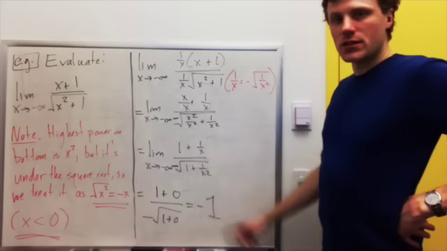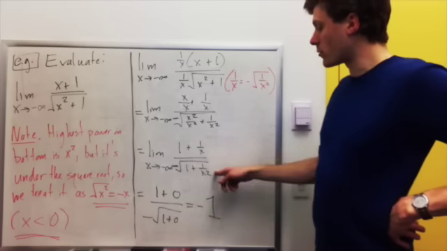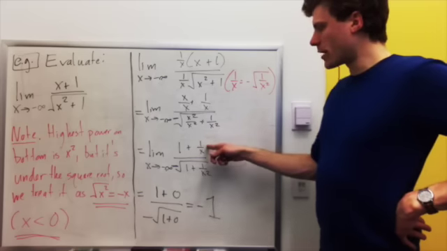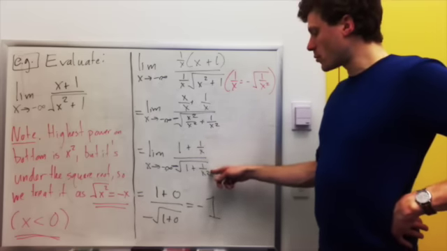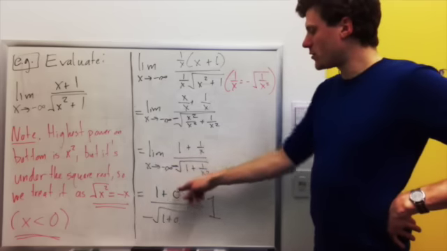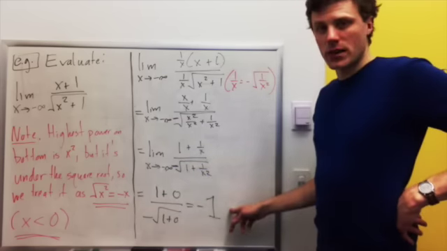I simplify to get 1 plus 1 over x, all over negative square root of 1 plus 1 over x squared, and then I can evaluate the limits. 1 over x goes to 0, 1 over x squared goes to 0, everything else is a constant, so I get 1 plus 0 over the negative square root of 1 plus 0, which gives me negative 1.